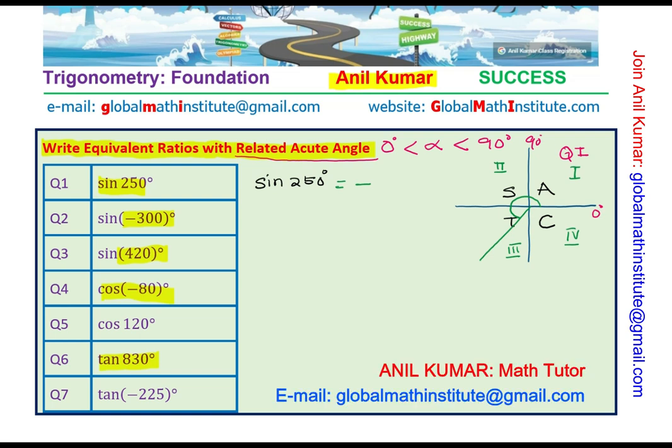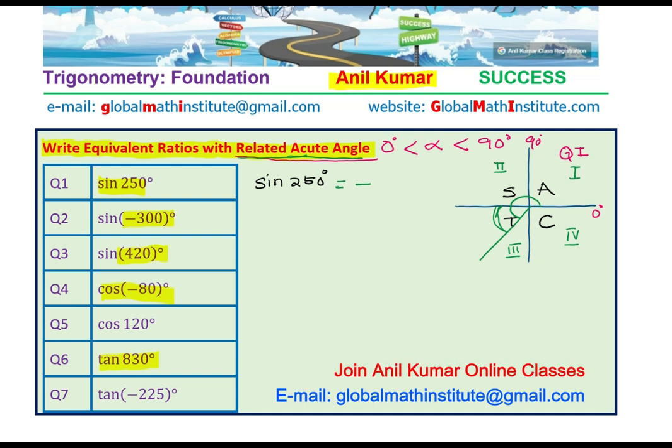Now acute angle, what is acute angle? Rather related acute angle. Related acute angle is always measured with the horizontal line and the terminal arm. So here that is the angle we are talking about, correct? Since it is 250 in all, the principal angle, this angle will be 250 minus 180, correct?